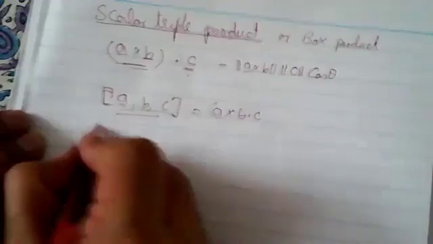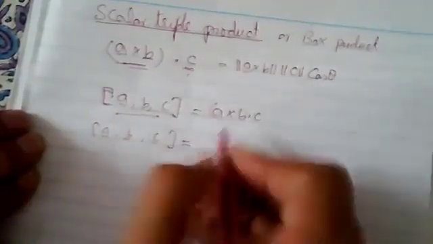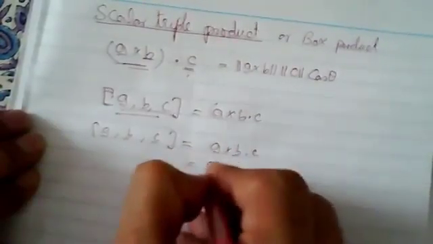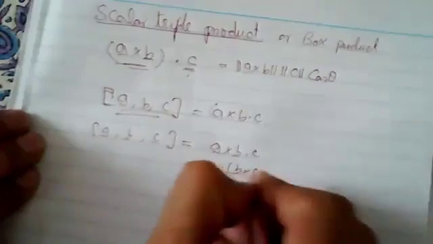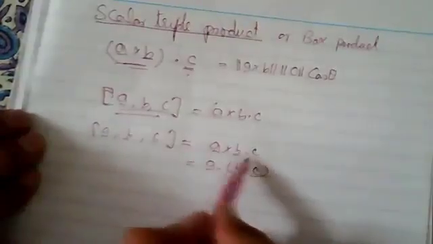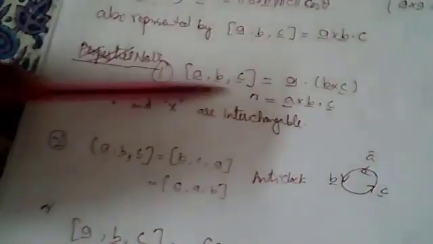You can write A cross B dot C, and you can also write A dot B cross C. Both ways are fine, because dot and cross in the scalar triple product are interchangeable. Then there are a few properties. So that is the definition, and this is a property if you write it in the form of vectors, in the form of dot and cross.